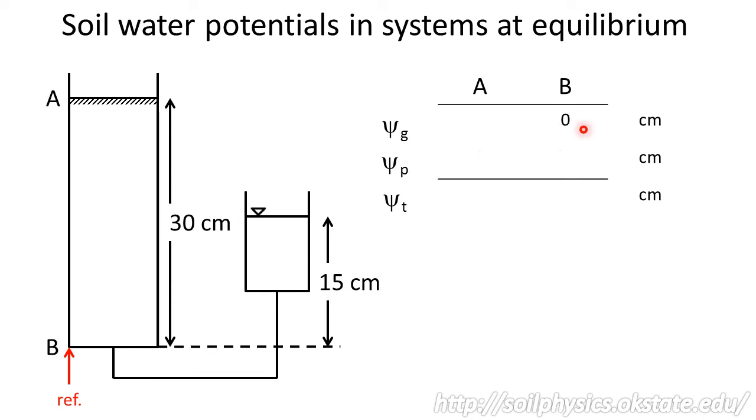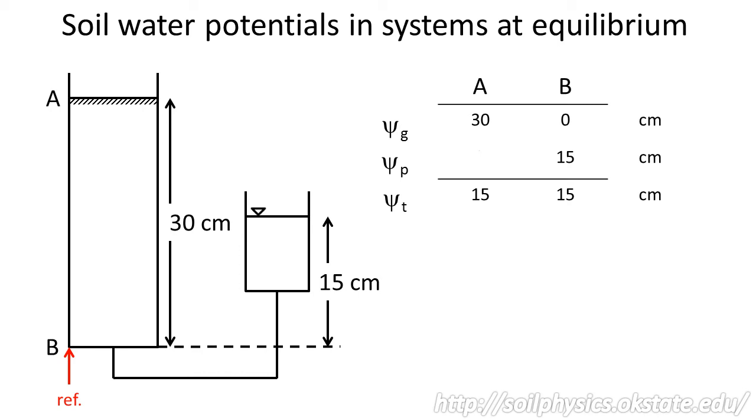Our gravitational potential at B is still 0, and our gravitational potential at A is still 30 centimeters. However, our pressure potential at B has changed. Now point B is only 15 centimeters below the free water surface, so its pressure potential is positive 15 centimeters of water. The total potential at B then is going to be 15 centimeters of water, and since it's at equilibrium, we know the total potential at A is also 15 centimeters of water.